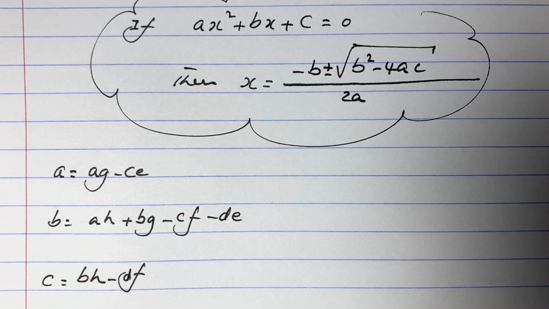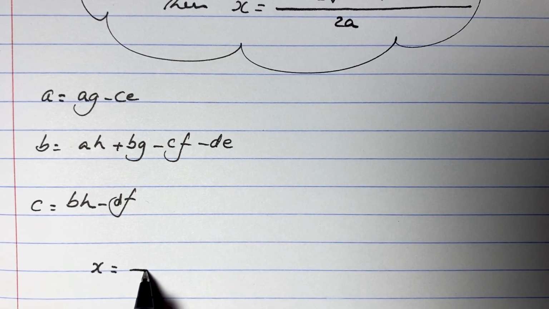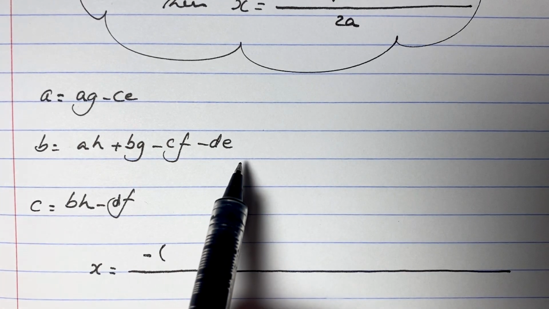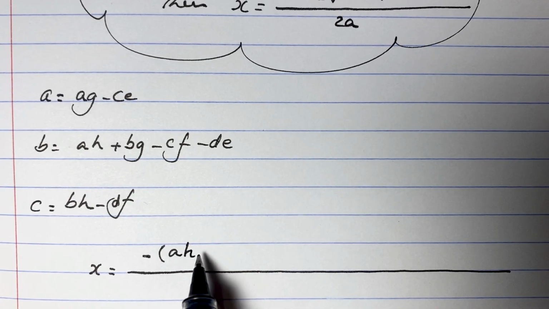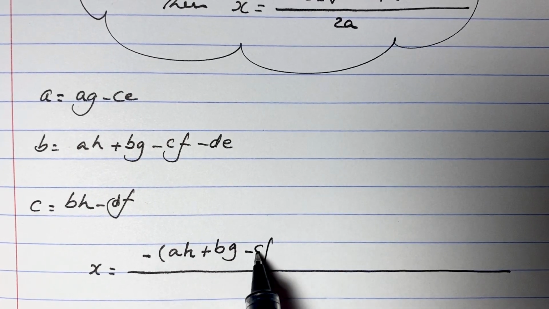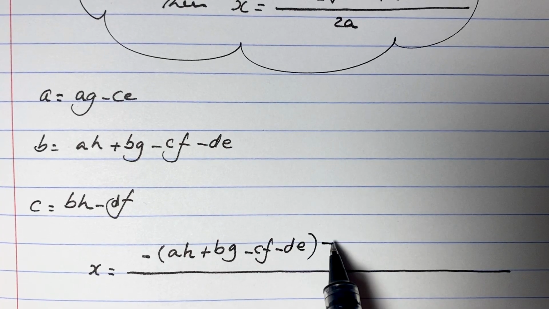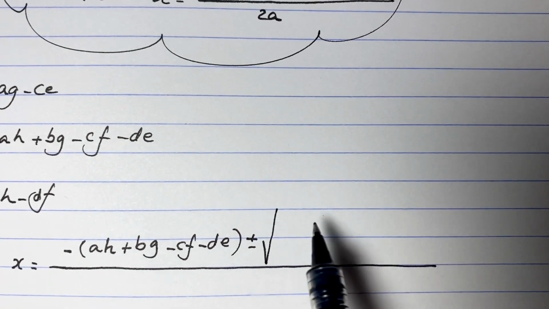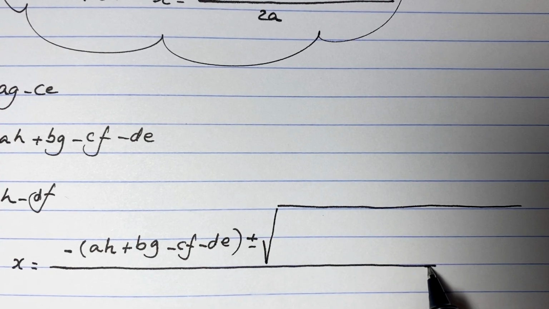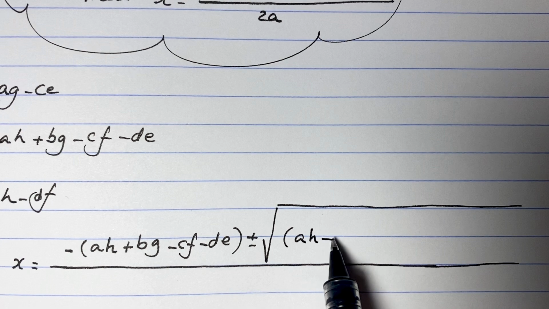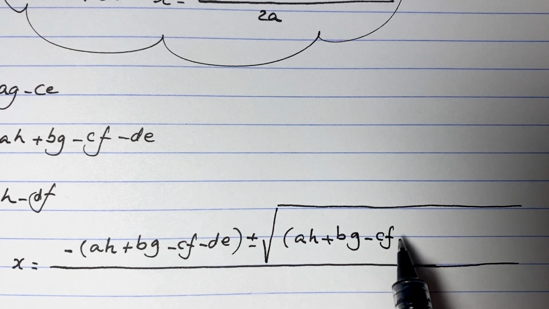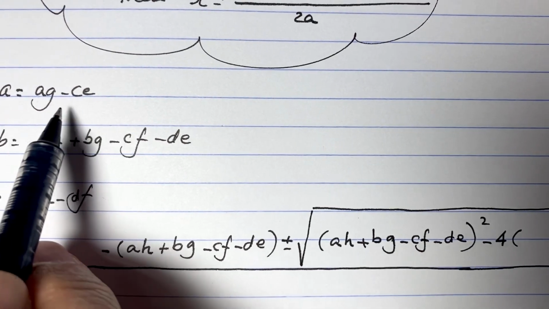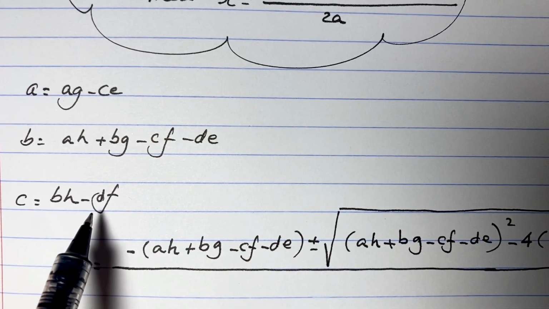So to find the value of x, minus b, and b is all of that, which is ah plus bg minus cf minus de, plus or minus the square root of b to the power of 2, which is ah plus bg minus cf minus de, to the power of 2, minus 4, a, which is ag minus ce, and c, which is bh minus df.